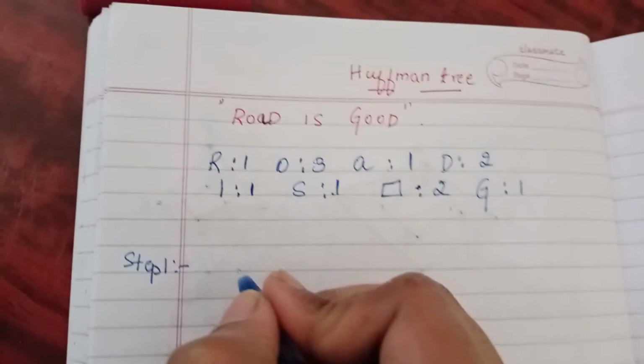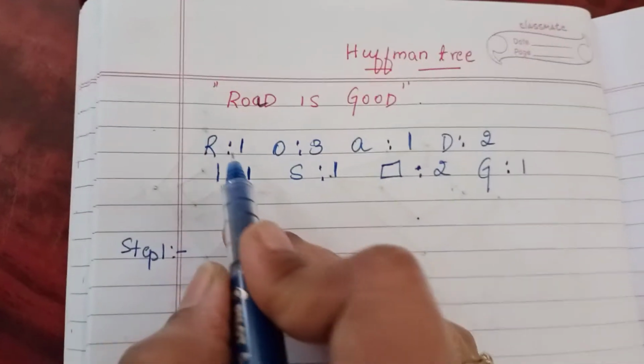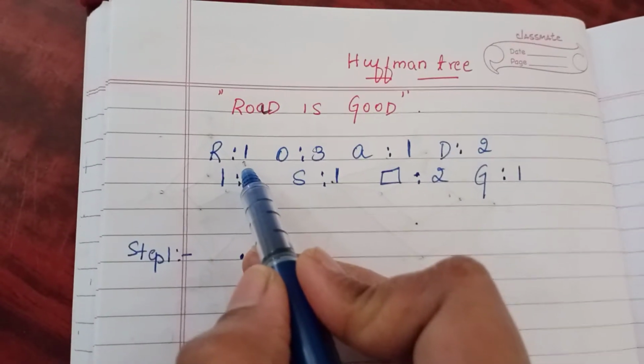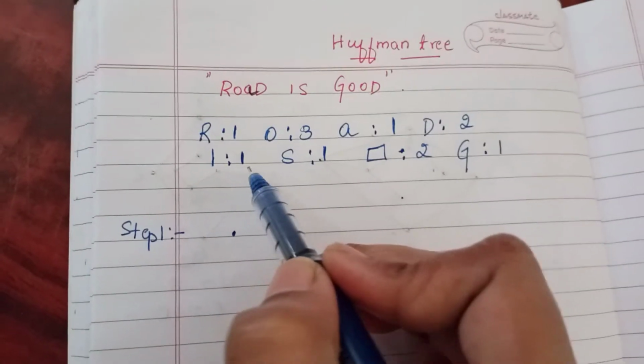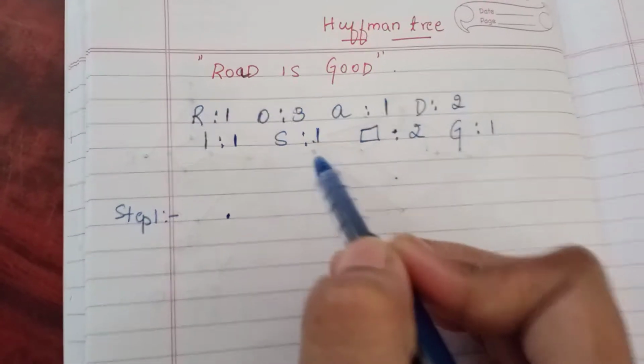That means if many of them have the same frequency like 1, 1, 1, see here, R has frequency one, A has frequency one, I has frequency one, and S also has frequency 1.